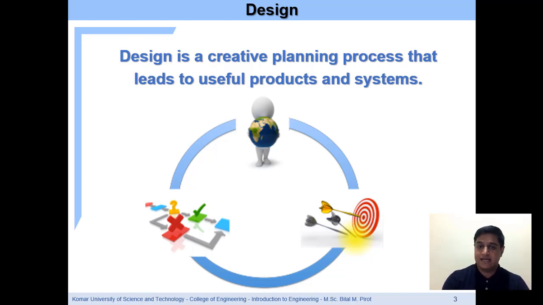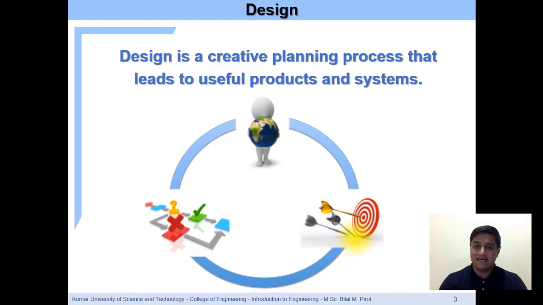So design is a creative planning process. It means design is not something that you can do in, for example, 5 minutes, because it is a process. It is a procedure for doing something. So you need some time and you need some steps to finalize it or to achieve it.